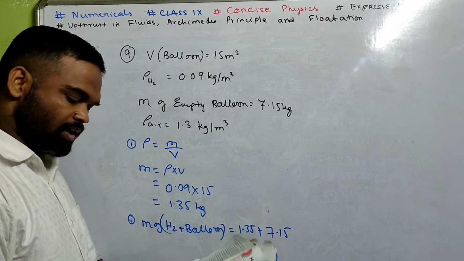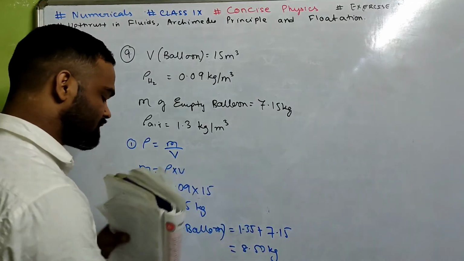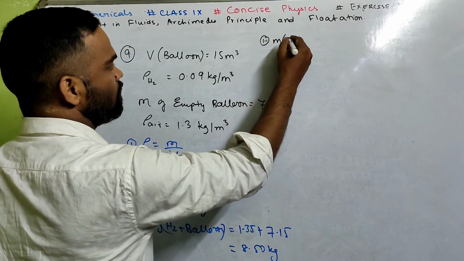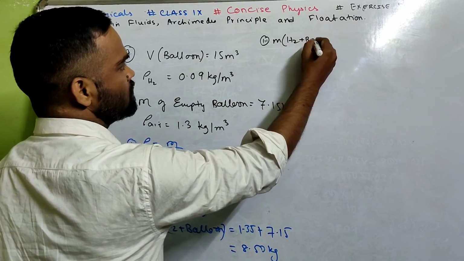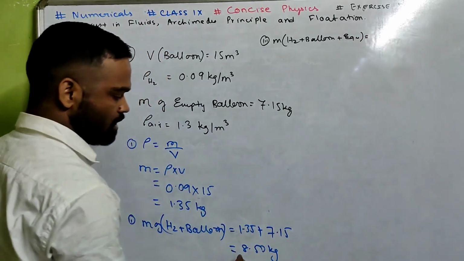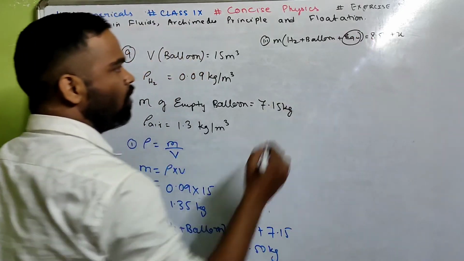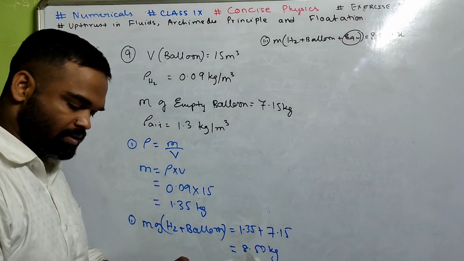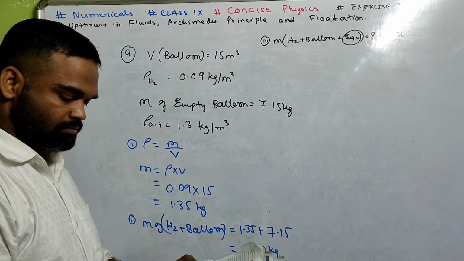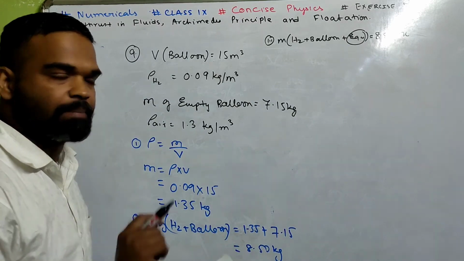Number 3, the total mass of hydrogen, balloon and equipment, if the mass of equipment is x kg. Mass of hydrogen plus balloon plus equipment is 8.50 plus x, because they have told us that the mass of the equipment is x kg. Yes or no?